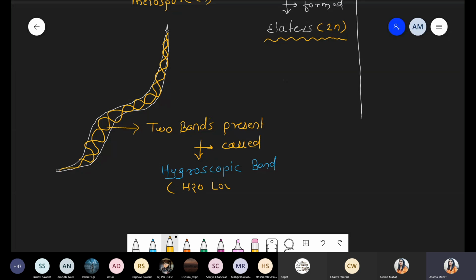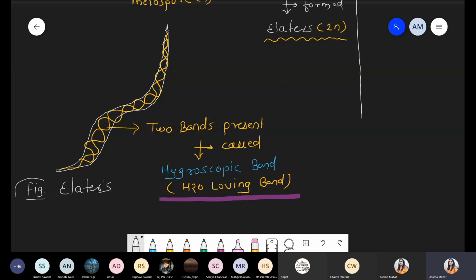They can absorb water. That's why this type of band is called a hygroscopic band. How many bands are present? Total two. Okay, so this structure is the typical figure or diagram for the elaters, which are associated with the liverworts.